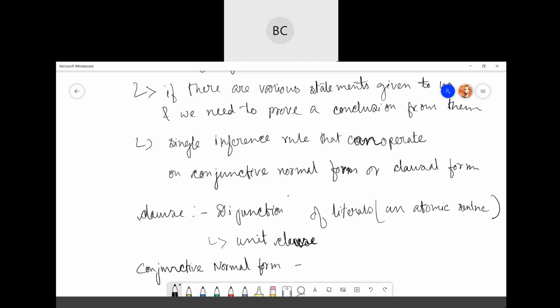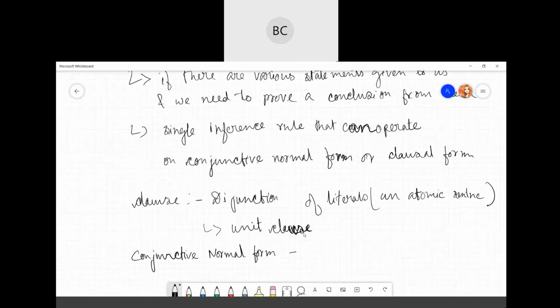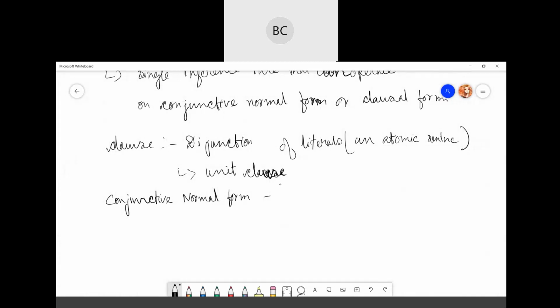It is a sentence represented as a conjunction of clauses.